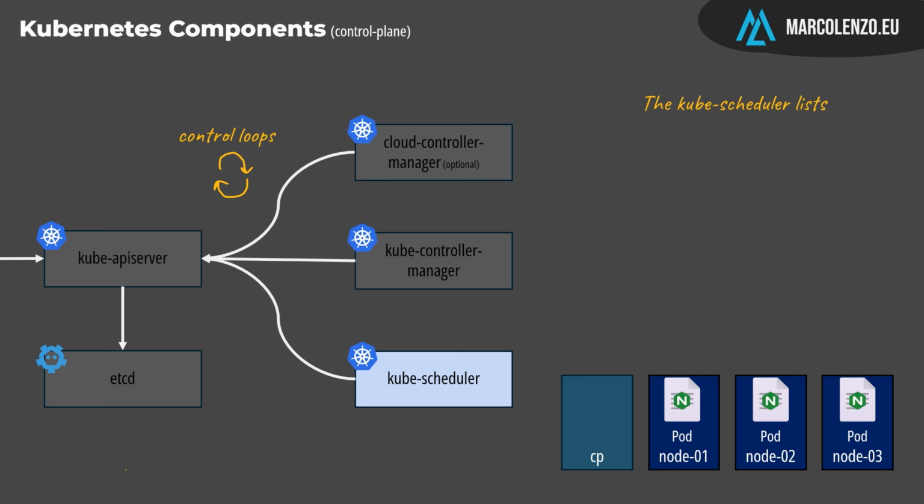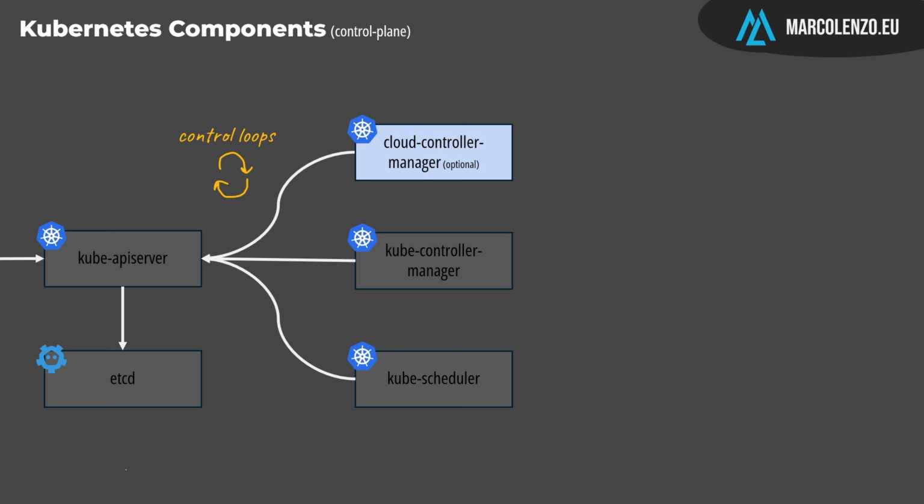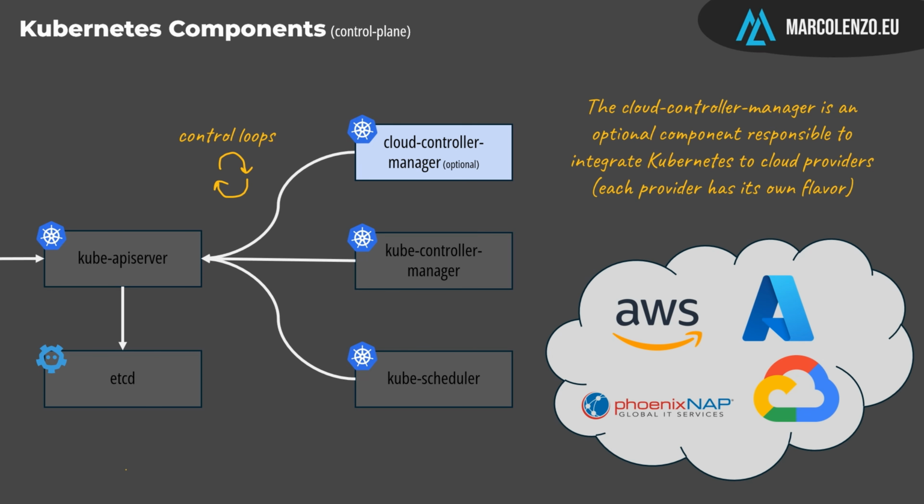It lists unscheduled pods and assigns them to appropriate nodes based on factors like resource availability, node health, and any constraints specified in the pod definition. There's also the cloud-controller-manager, an optional component designed to integrate Kubernetes with specific cloud platforms. However, it's not essential for understanding how Kubernetes operates in general.